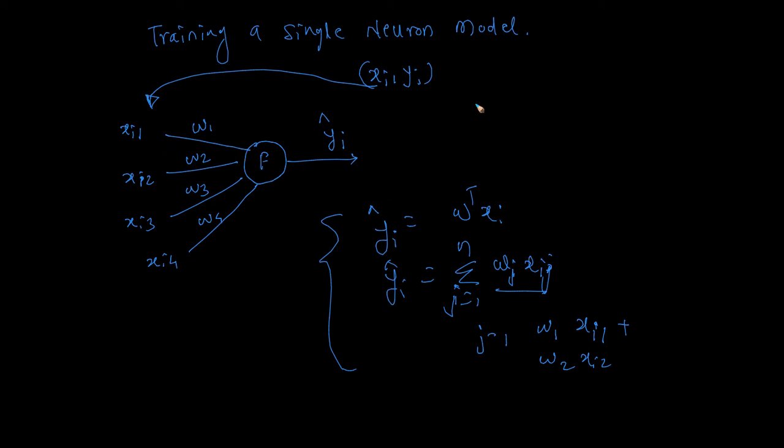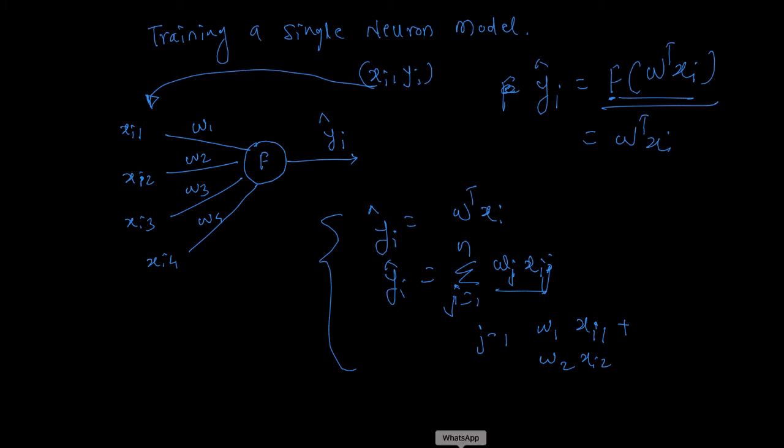In general, this yi hat will be f of w transpose xi, right? For linear regression, this function is the identity function. That means this term will be w transpose xi, and the input given to this function will be passed as it is to the output. And for logistic regression, if this f is sigmoid, then it becomes logistic regression, right?